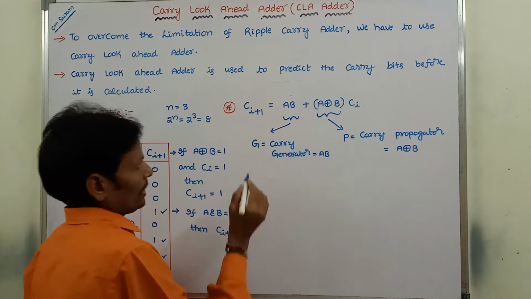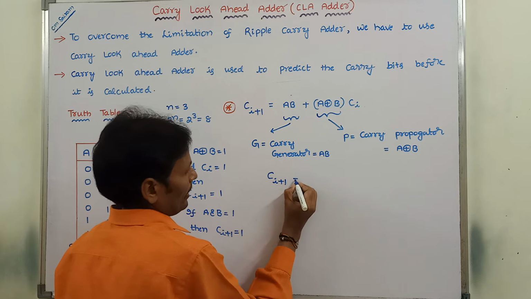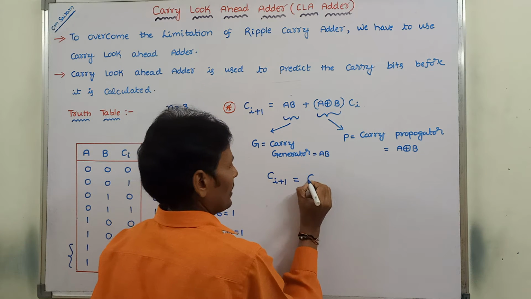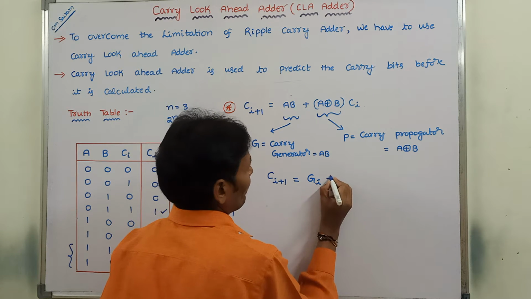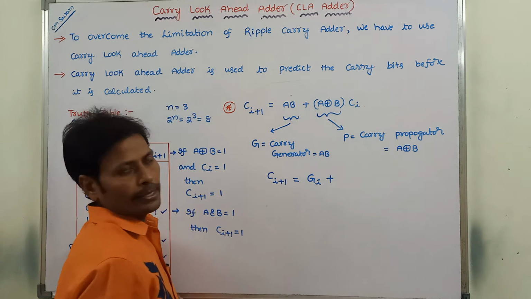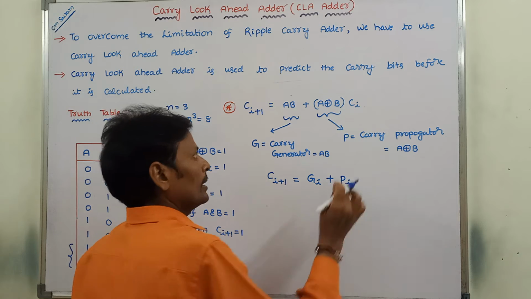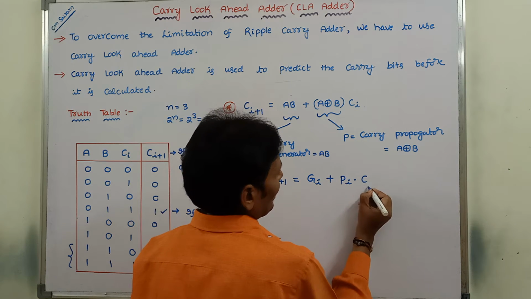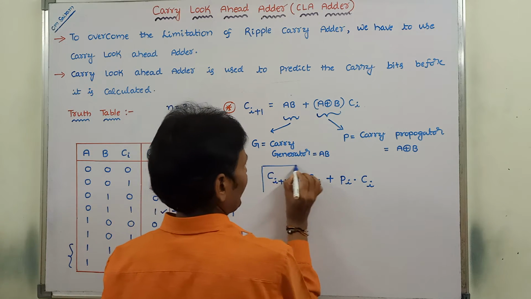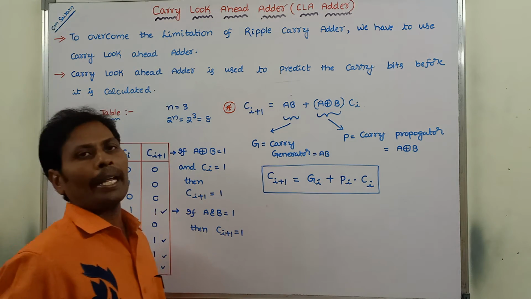Now, this entire equation can be rewritten as: AB is nothing but the carry generator, that is G suffix I, plus A exclusive OR B can be written as P suffix I, that is the carry propagator. Then it is multiplied with C suffix I. This is the output carry equation in terms of carry generator and carry propagator.